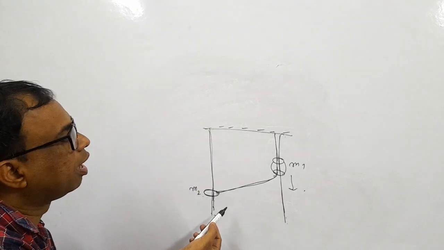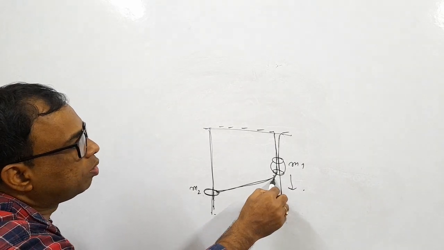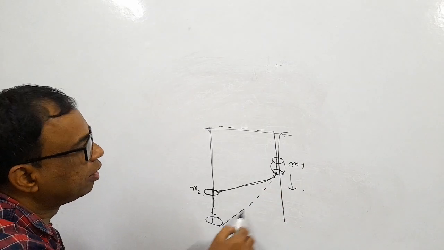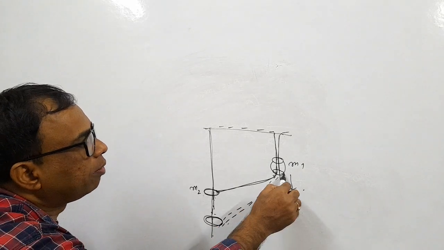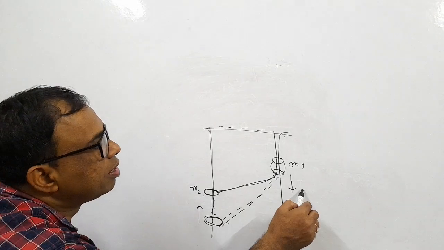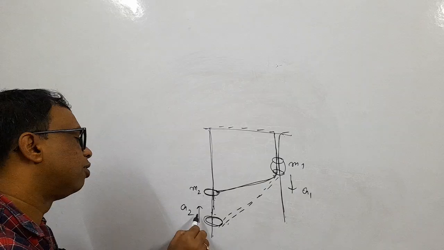Suppose initially it is here, much lower, then whenever it moves downwards, the other will move upward with some accelerations A1 or A2.